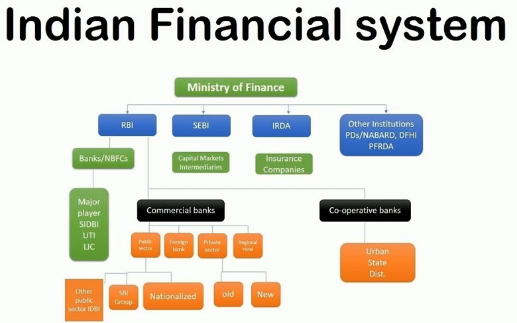Now, after post-reform period, that is after 1991, after LPG policy in 1991, there are mainly three developments that occurred in Indian financial system. First is privatization of financial institutions. Second is reorganization of institutional structure, and third is investor protection.